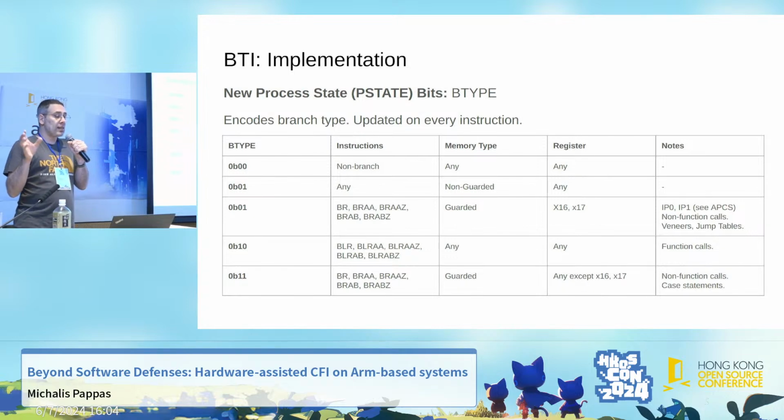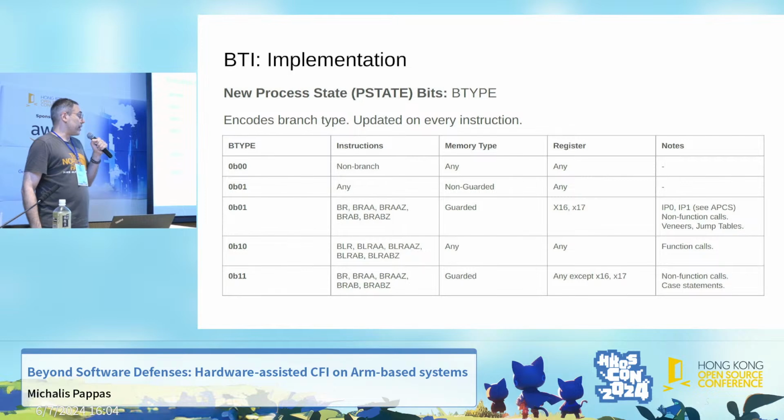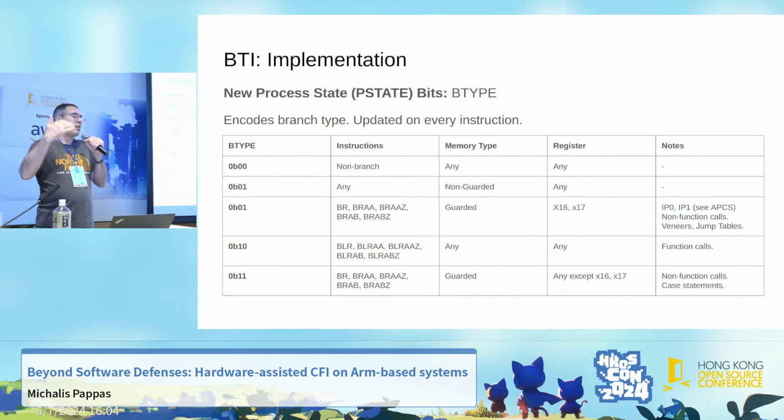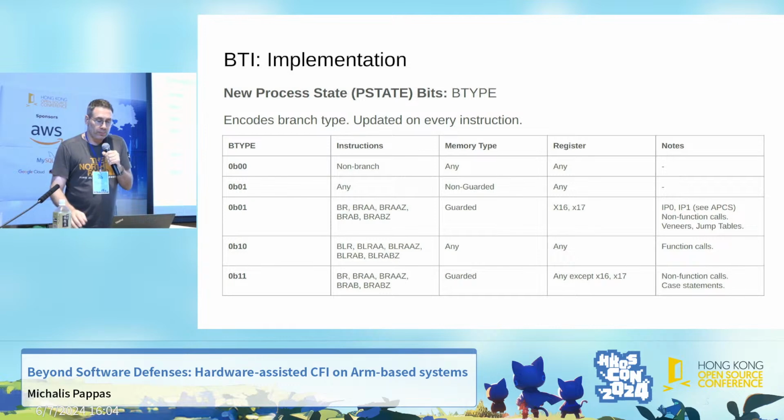BTI introduces additional bits for branch type into the processor state, and these encode the type of a branch. So the branch type is updated on every instruction. If one instruction is not a branch, then the branch type bits will be 0. If it is an indirect call, it will have a value. If it is an indirect jump, it will have a different value, and so on.